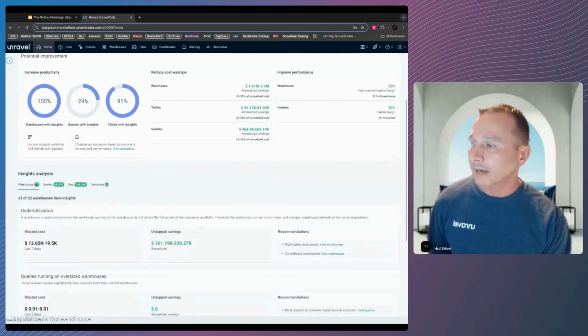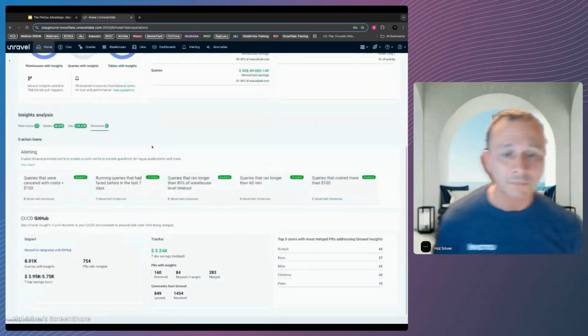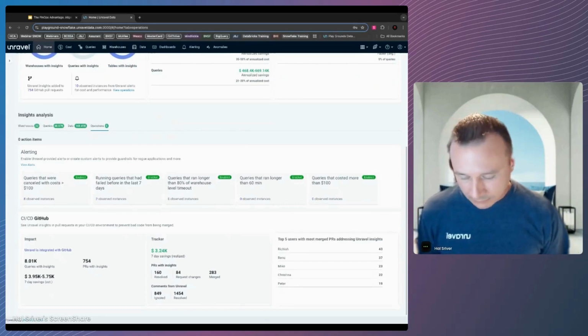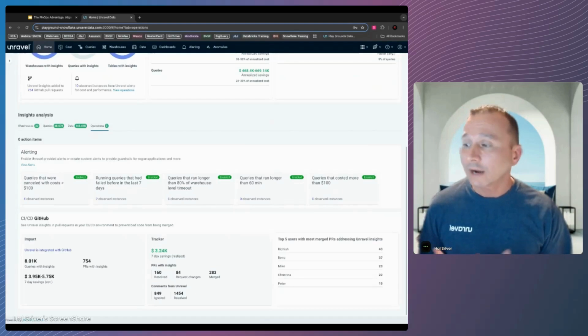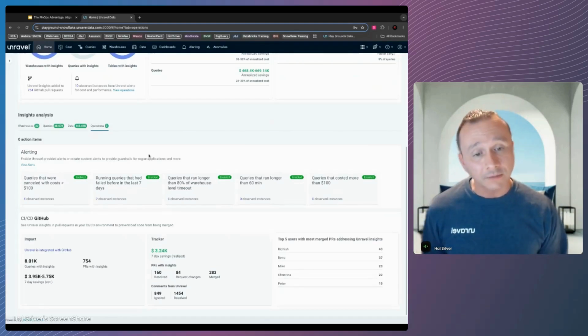So again, if we come back down here to this insight analysis section, but we hone in on operations. When you talk about the software development lifecycle, we have ways to integrate into those. So we have CI/CD integration, Unravel works through that, just as an example.